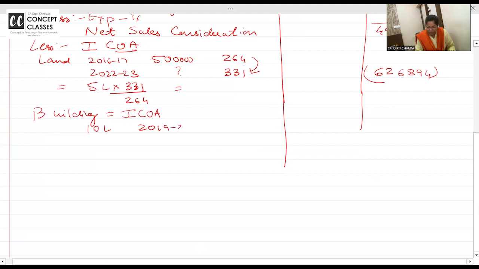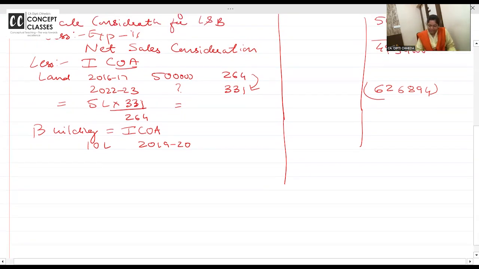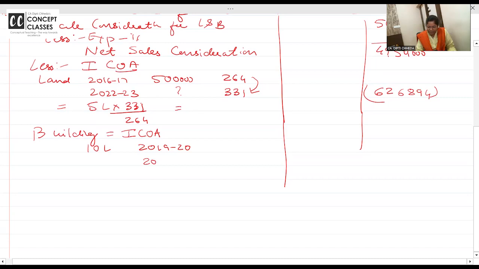I have given this problem so that you can choose the indexations correctly. They'll give you one or two extra index rates in the exam. You need to choose correctly. So December 2019 means 19-20, and 22-23. What is the index for 19-20? 289.